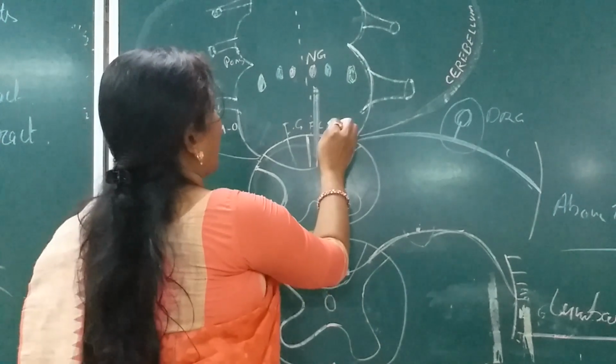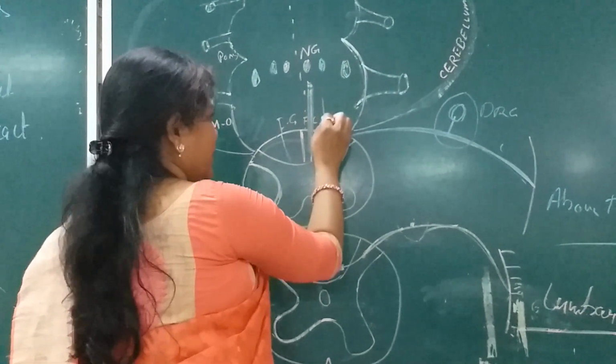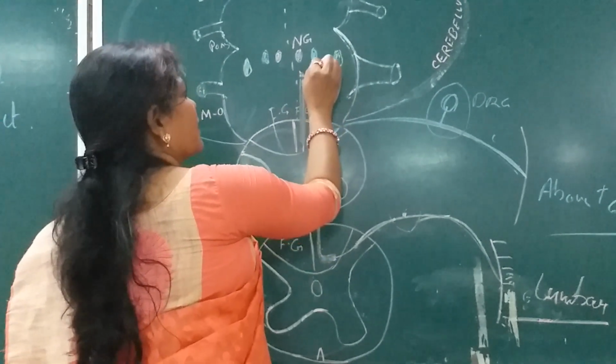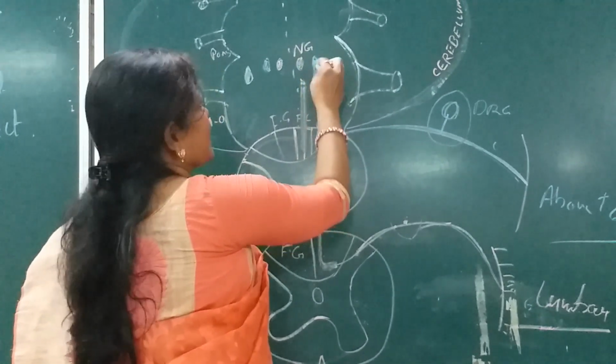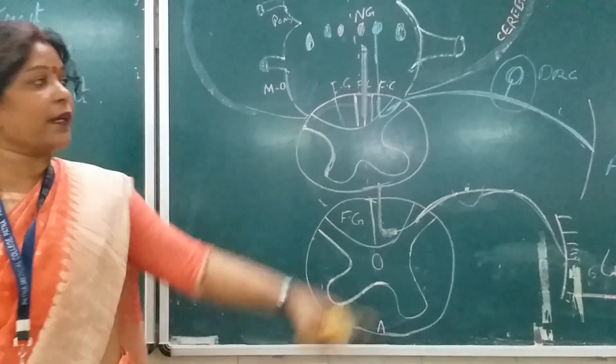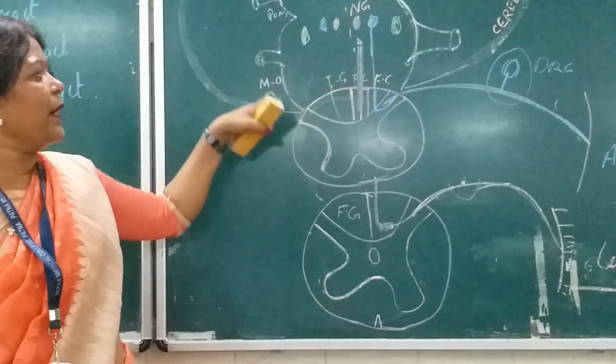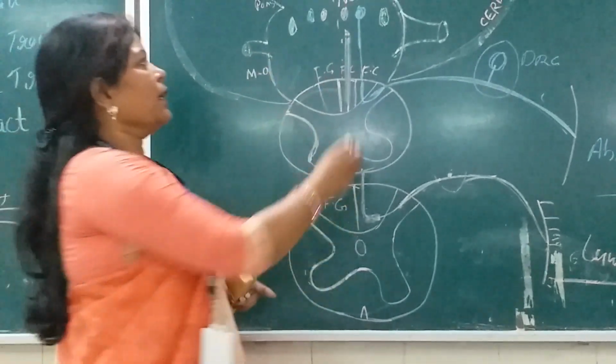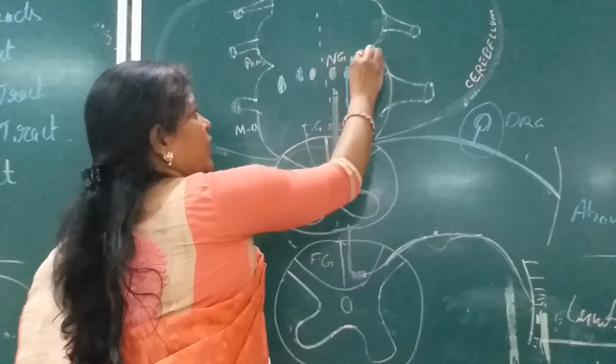It will again ascend inside the medulla oblongata, and here it will synapse with a second order neuron sitting here, the nucleus cuneatus.